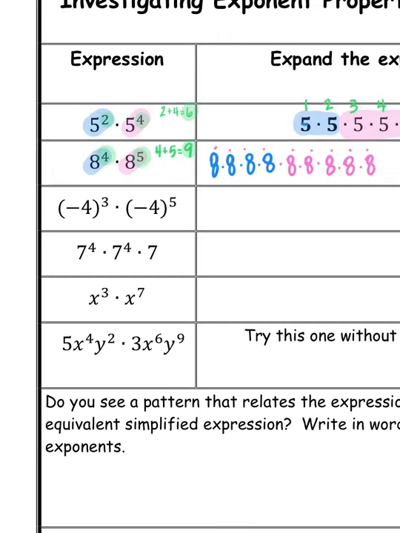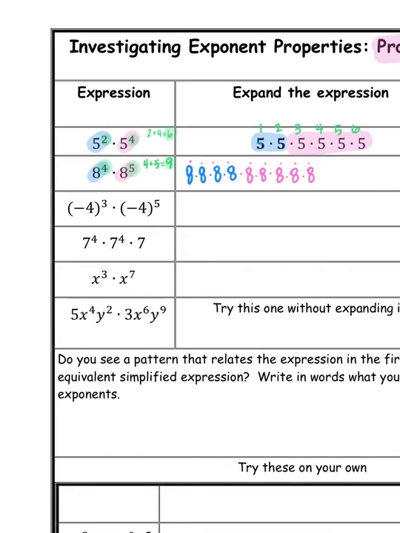Okay, so now we have one with the negatives, so that it's the same base, and we're only going to multiply the numbers with the same base. So we have negative 4 to the third times negative 4 to the fifth. So again, let's write that out. We have negative 4 to the third, which gives us negative 4 times negative 4 times negative 4.